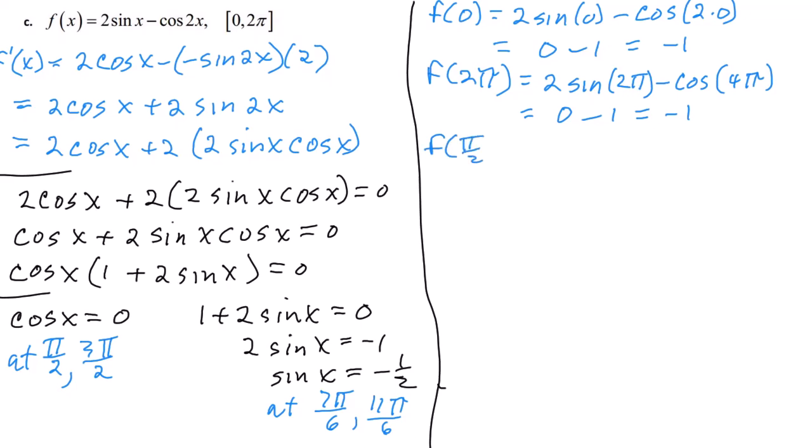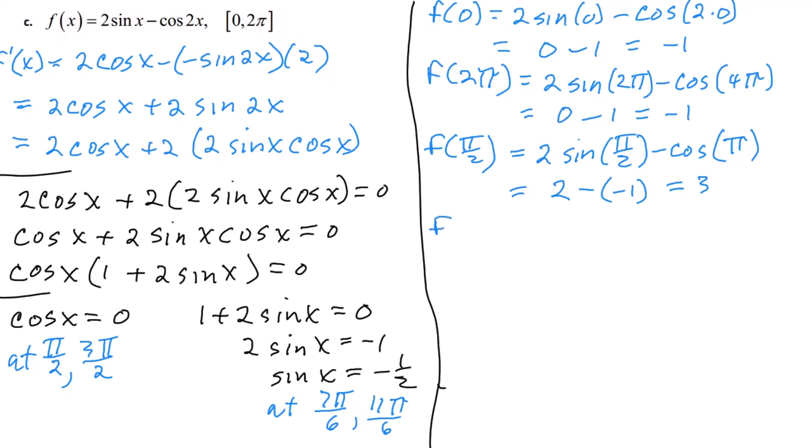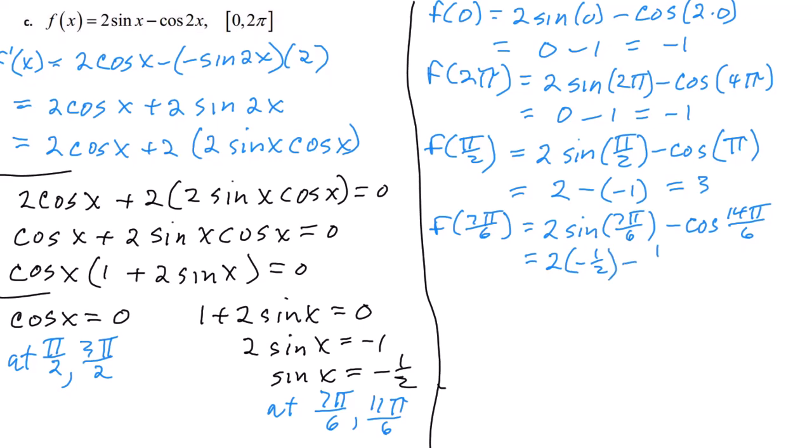So here's pi over 2. Again, multiplying what's inside the cosine by 2, and I'm getting the y value of the function is 3 there. 7 pi over 6, I'm getting -3/2. So -1.5.